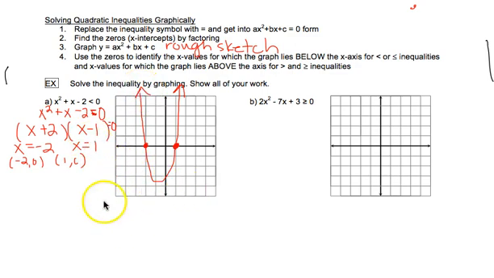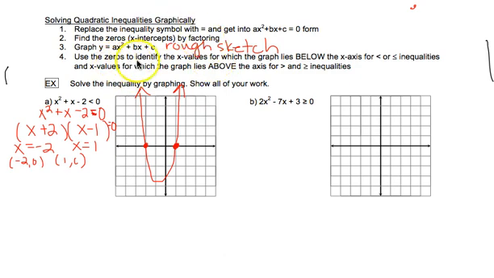If you really want to know where it is, you can use your calculator or do the other tools you've learned for finding that vertex. The reason why we don't need the entire thing is because the rough sketch we're going to use to just solve this visually. So we don't really need any exact values other than those x-intercepts.